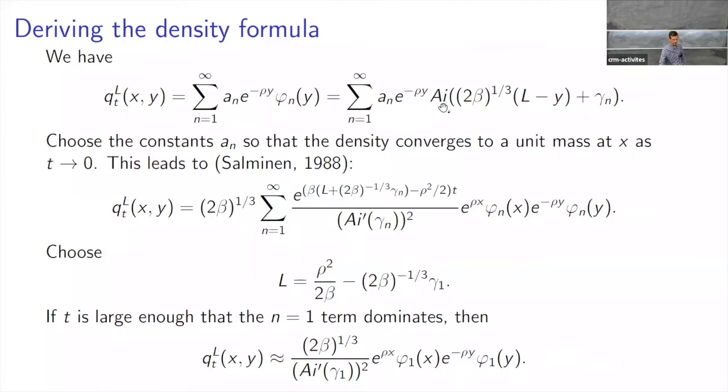There's e to the minus rho y times this Airy function. And what we're used to for the BBM with absorption would be to have a sine function there. And throughout the argument, that Airy function, you just manipulate in the same way you would manipulate the sine function. So it's a little bit of a different shape for the fittest particles near the origin. They're described by that Airy function rather than the sine function.